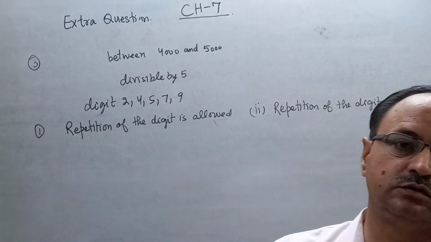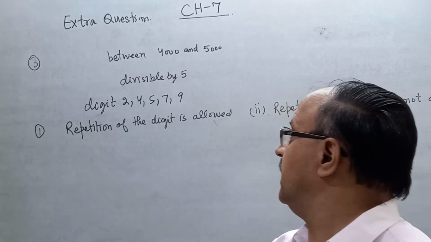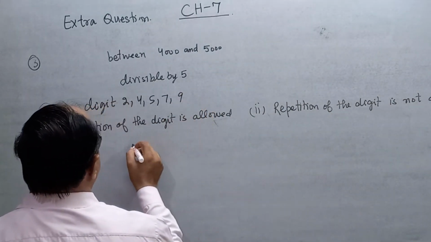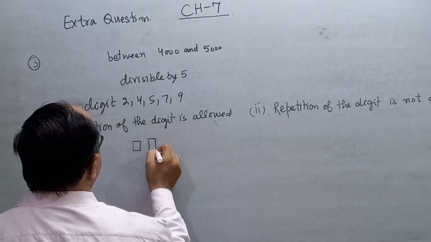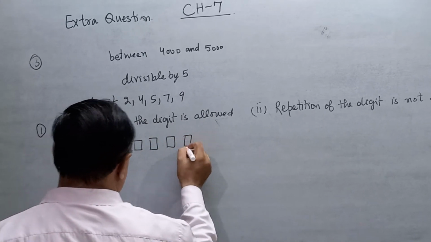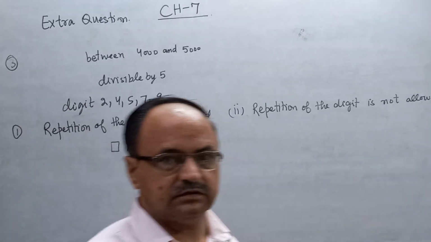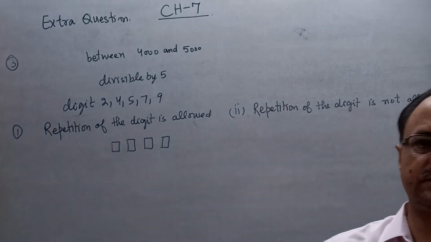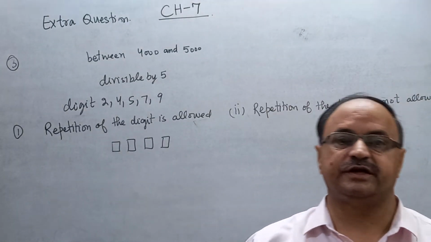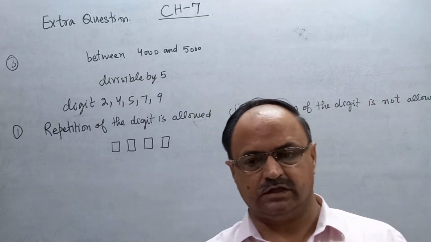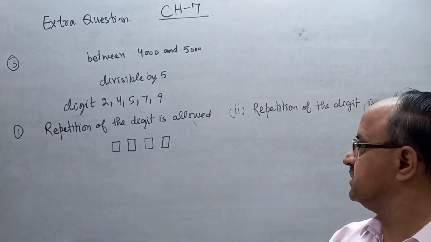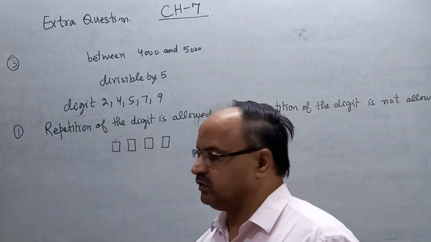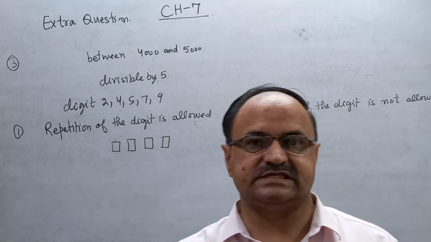Now, how can you solve the first part of this? I know that a number between 4,000 and 5,000 is a 4-digit number. Can you tell me, the 1,000 place, you can fill in how many ways?